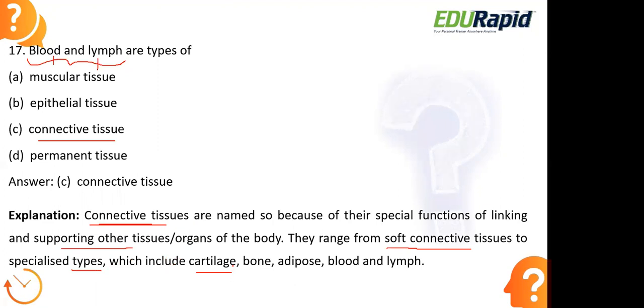But the bone at the tip of the nose we can bend easily because there is a presence of cartilage. It is neither too hard nor too soft. Then bone, and adipose tissue, which is where fat is usually stored. Blood as well as lymph. Lymph is a connective tissue again, just like the lymphatic system. It is a part of the lymphatic system. So all of these are parts of connective tissue.